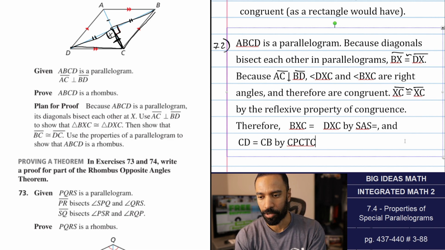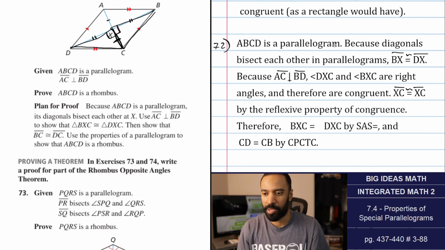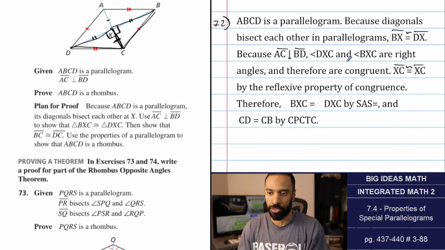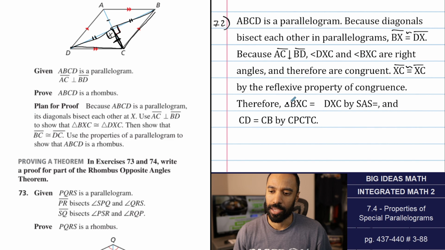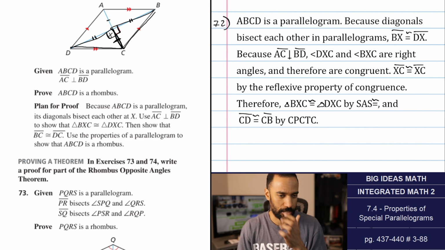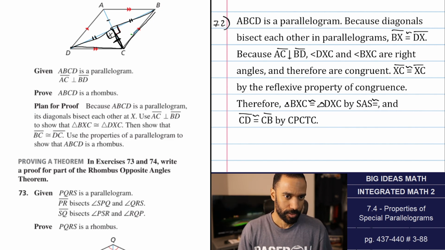Corresponding parts of congruent triangles are congruent. So let me mark some things up, and then I'll go back to tell you the rest of my plan. So triangle this is congruent to triangle that by that, and these are congruent to each other by CPCTC. Okay, so now, this is kind of in green. These are congruent to each other here.